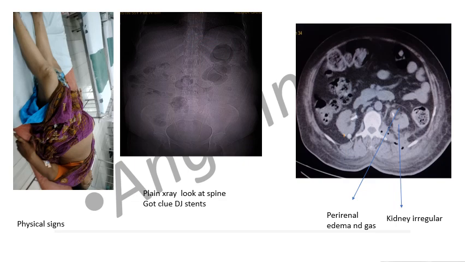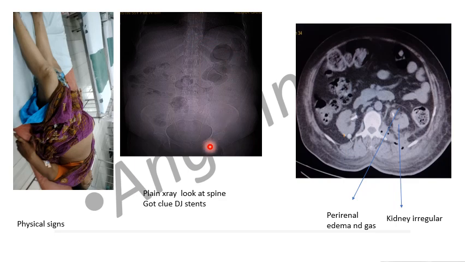So the moment you take an X-ray abdomen, you have taken it for three things. One, you want to know the organ of origin, whether there is a pancreatic or spine issue. And not only that, you found a DJ stent. See, bilateral DJ stent. Not many patients will come and give a history.